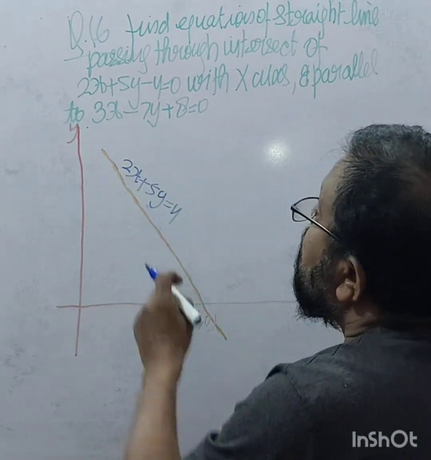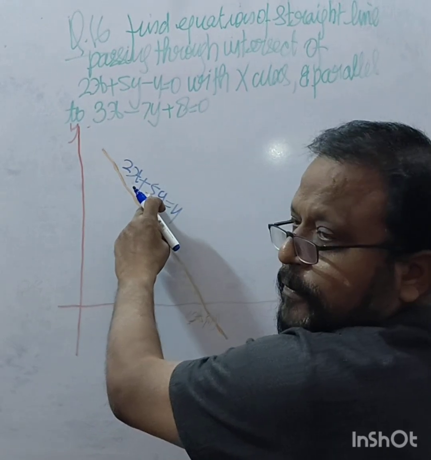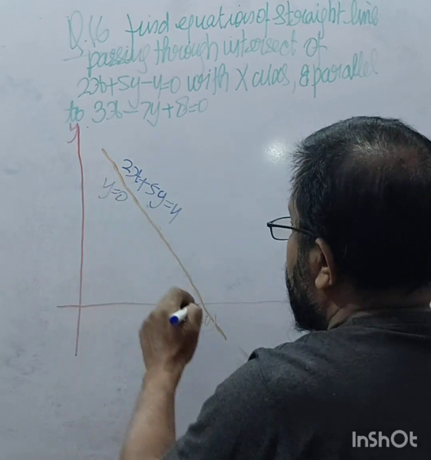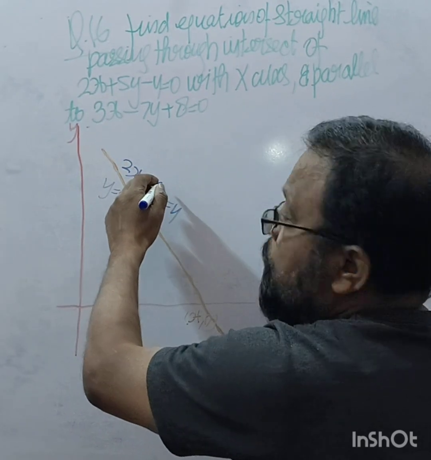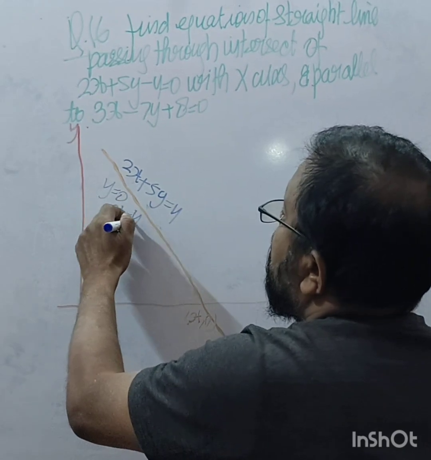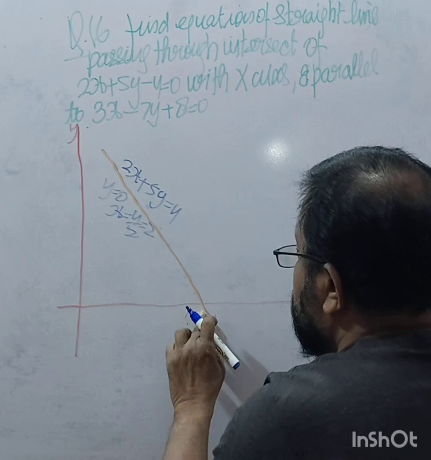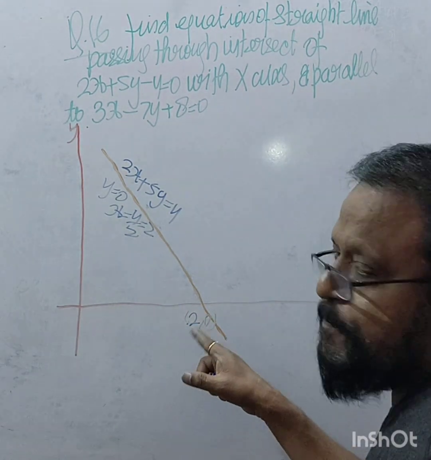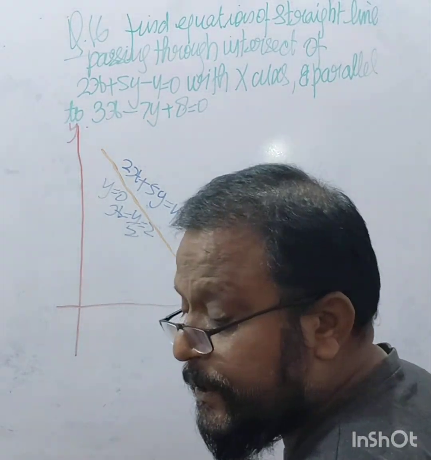If you put these values here, y is equal to 0, right? As y is equal to 0, ये हो गया तुम्हारा, this whole term turns to be 0, right? So x is equal to 4 by 2, which becomes 2. So it is 2 comma 0. The coordinates of the point are 2 comma 0, right?